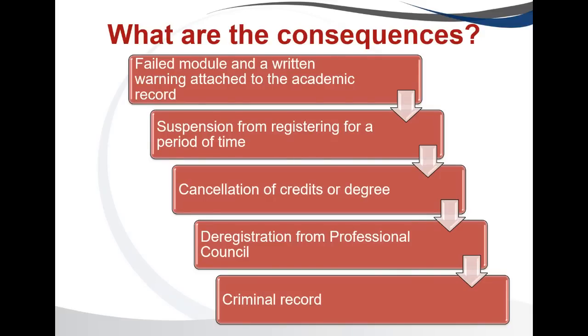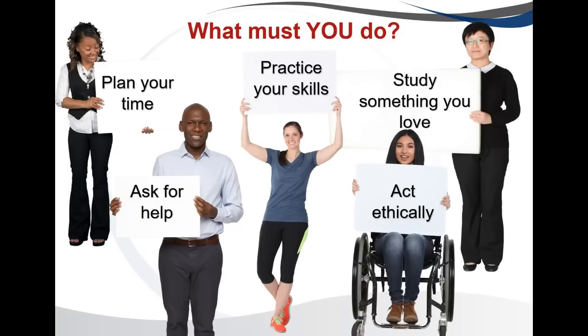If you are found guilty of offences at the university, they might not register you with the council, or if your degree is revoked, they might remove you from the professional council itself. In some cases, the university might work with the South African Police Service to institute criminal charges against you. If found guilty by a court, you might have a criminal record as well as land in jail. So what must you do?